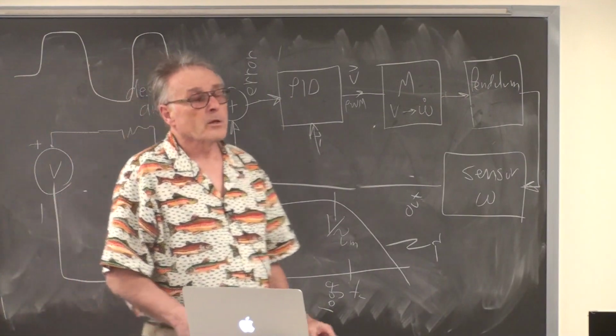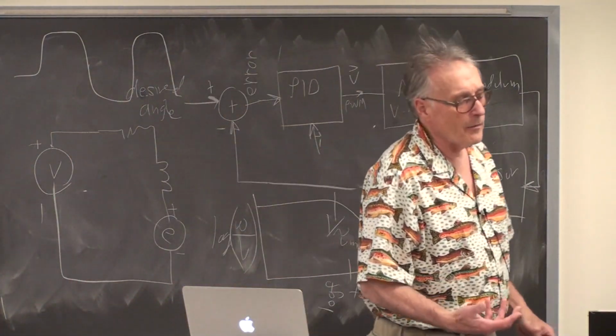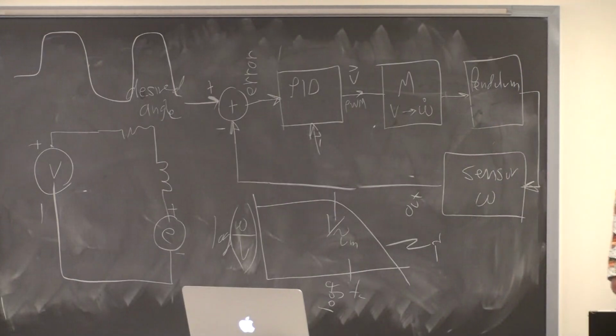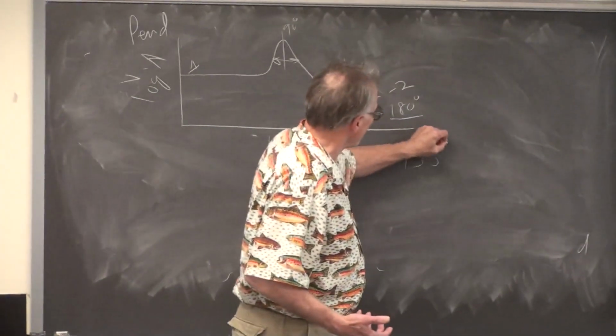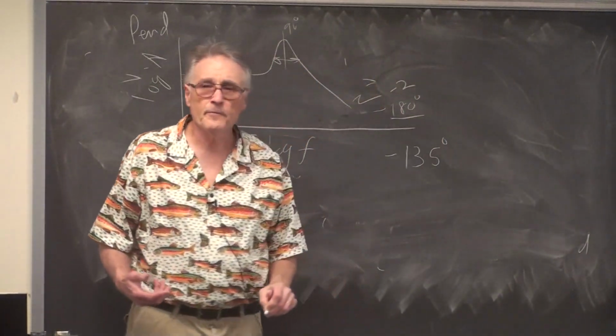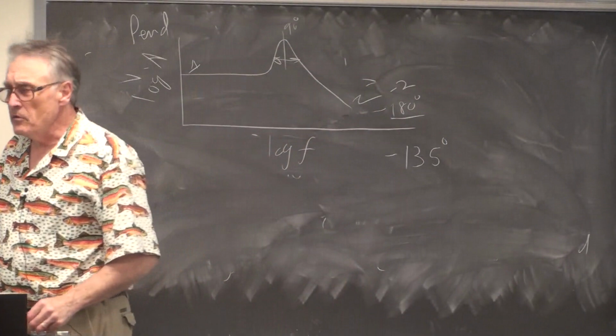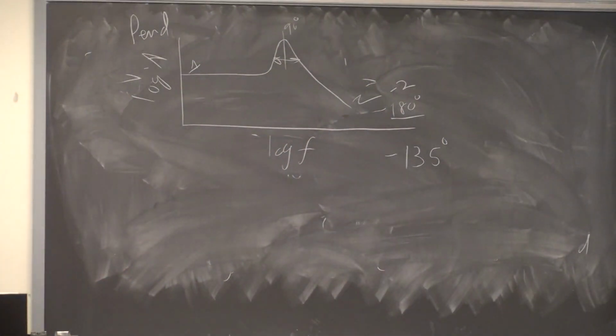So, rule of thumb is don't let the system get near 180 degrees. Cap it at around minus 135 degrees or so. And to do that, if we have a negative phase shift here, what are we going to do? Give up. Limit the bandwidth. If you limit the bandwidth to where the phase shift is small, it means that the system is not very fast.